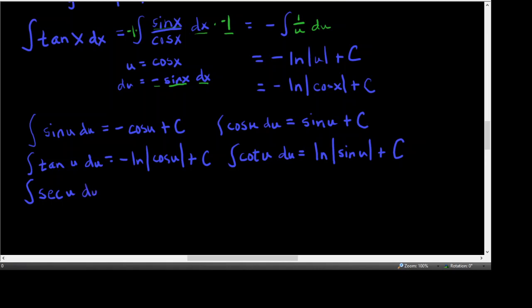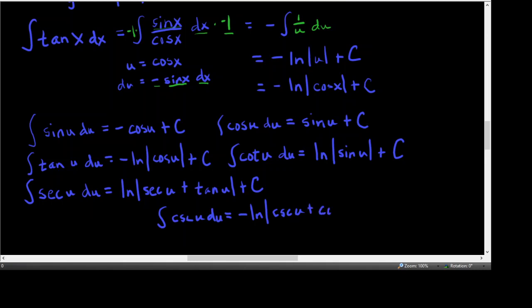The integral of secant of u du is the natural logarithm of the absolute value of the secant of u plus the tangent of u plus c, and the antiderivative of cosecant of u du is equal to negative natural logarithm of the absolute value of cosecant of u plus cotangent of u plus c.